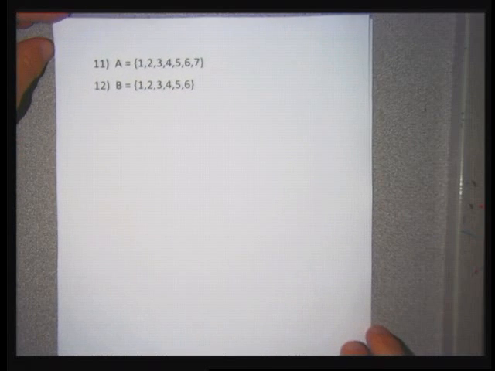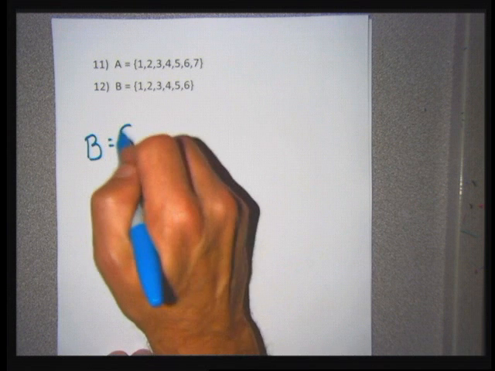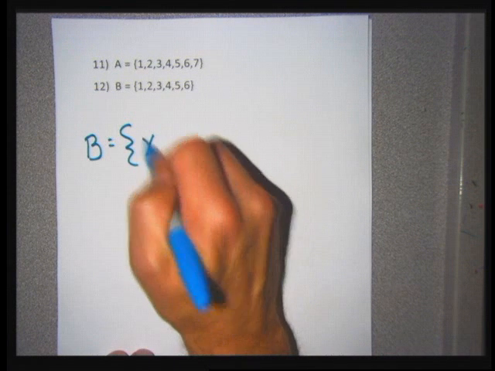Now there's 11 and 12. And for both 11 and 12, because there's a range of numbers, there's a first and the last number, when I go to write my set builder notation, I'd probably write the x between those two numbers.